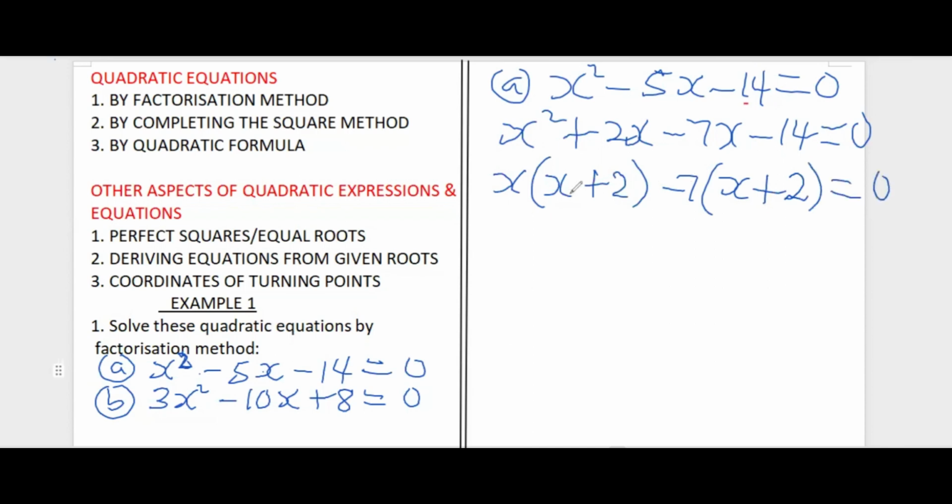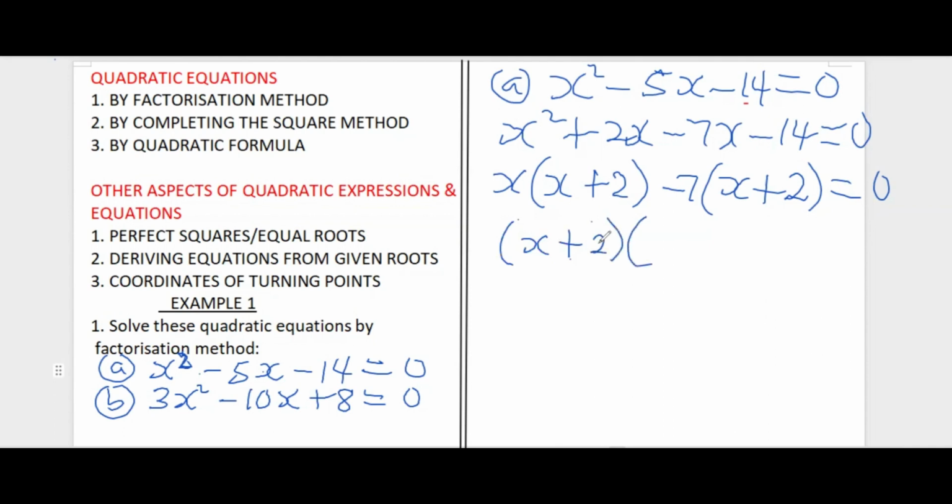So this has become 2 terms. Now this one is a single term because they multiply. If you have (a)(b), it is the same thing as a single term. In these 2 terms, what is common is the value inside the bracket. So we factor it out. That is x plus 2.